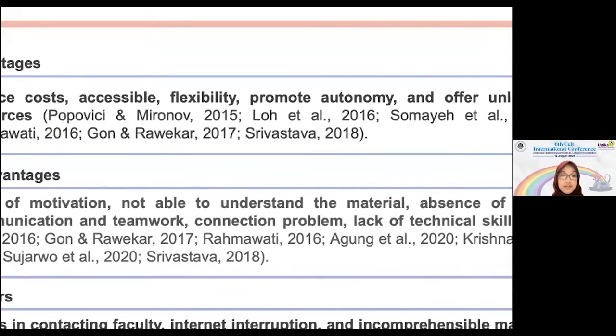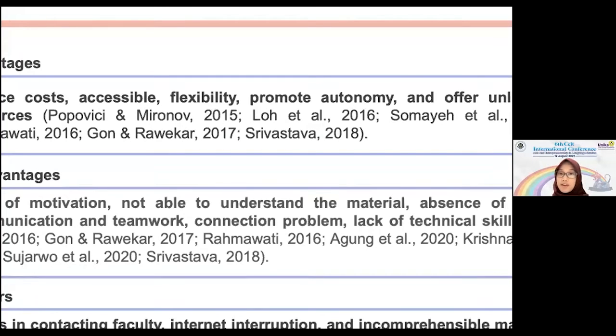And here is the literature review. The advantages of e-learning are reduced costs, accessibility, flexibility, promoting autonomy, and offering unlimited resources. Meanwhile, the disadvantages are lack of motivation, not being able to understand the material, absence of direct communication and teamwork, connection problems, and lack of technical skills.